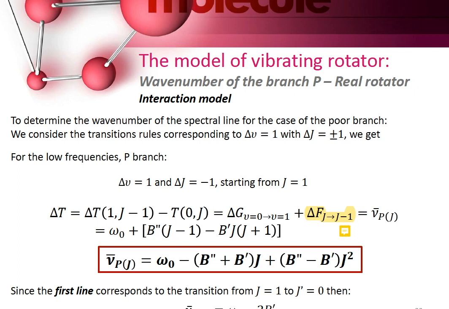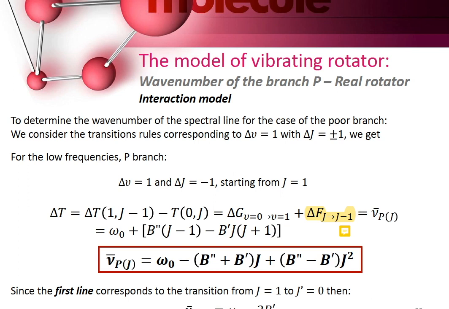For delta J equals -1, if you recall well, this cannot happen unless the first level of rotation for the first level of vibration, so the seat in which you actually are in the row in the class, the initial row, should be J equals 1. So we go from J equals 1 to J equals 0, and then we have delta J equals -1.